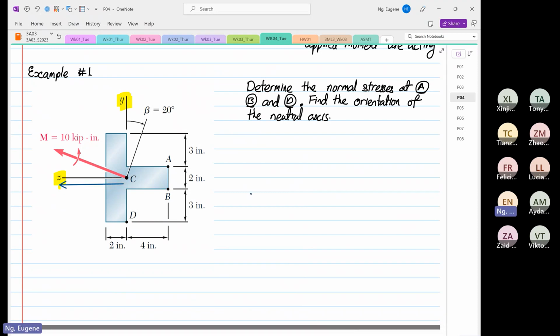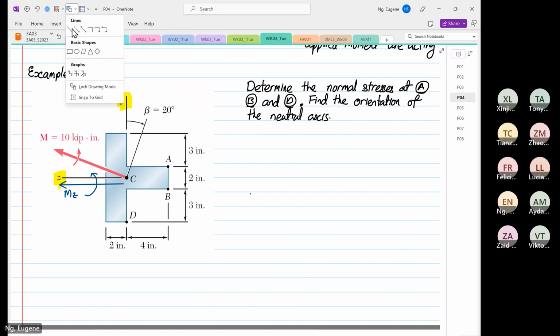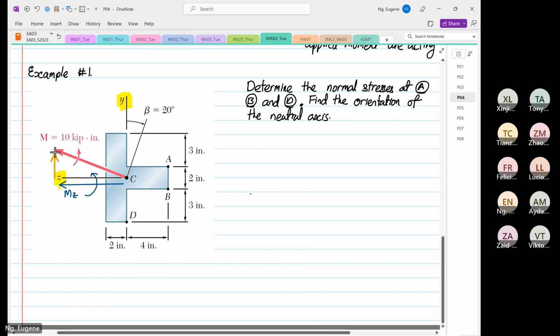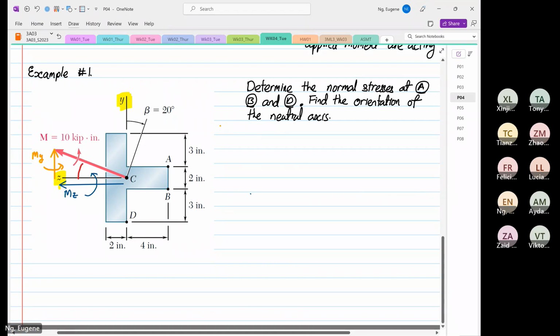We are aware there's an Mz, and this is the moment vector, and then we are also aware there is an My, right? So this is your My, and this is your moment vector. Okay. So we are also made aware that it's tilted 20 degrees. So this angle from here to here is our 20 degrees.